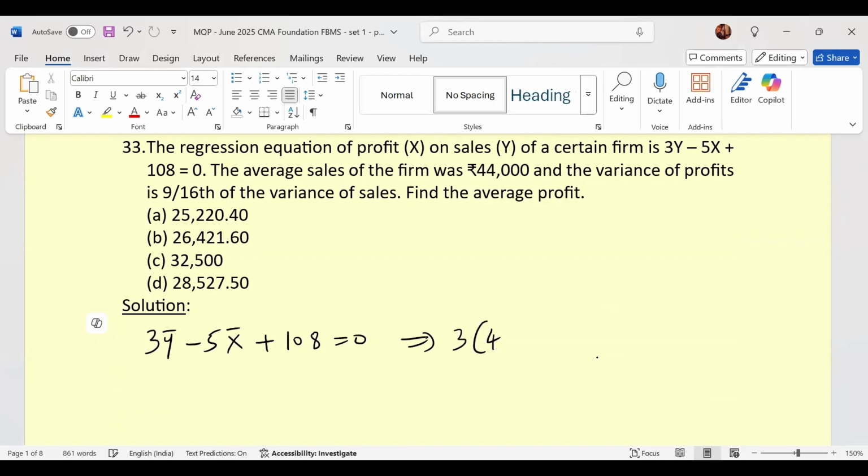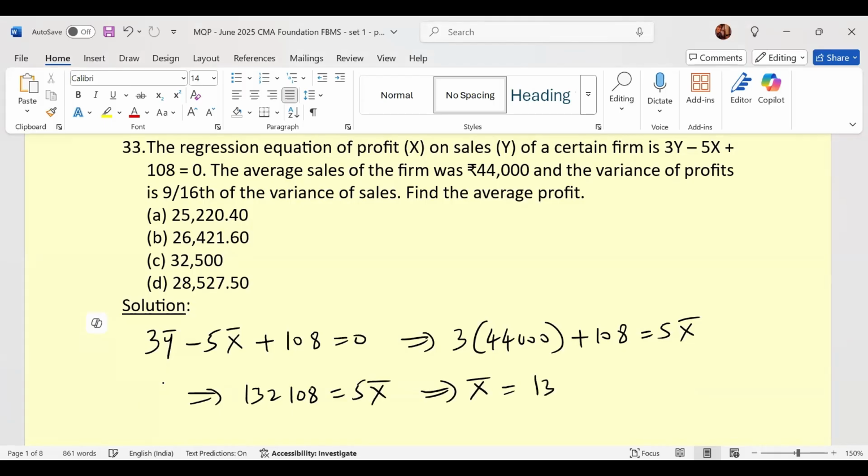So 3 times 44,000, and we will take the negative 5X bar to the right hand side, so it will become positive 5 times X bar. Now 3 into 44,000 plus 108, we will get 132,108 is equal to 5 times X bar, which means X bar will be 132,108 divided by 5.